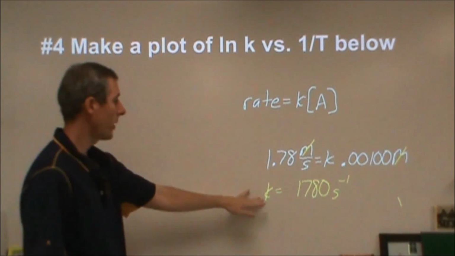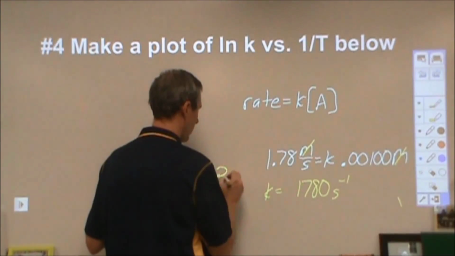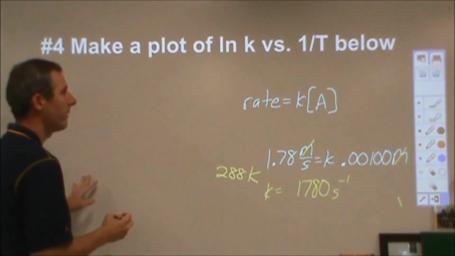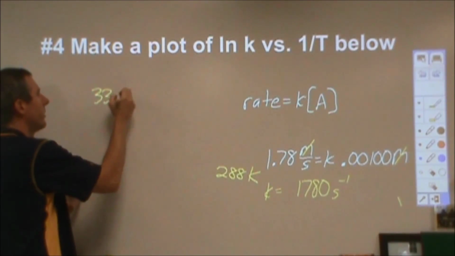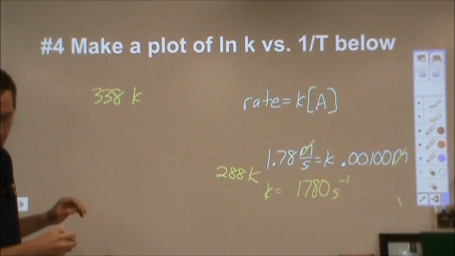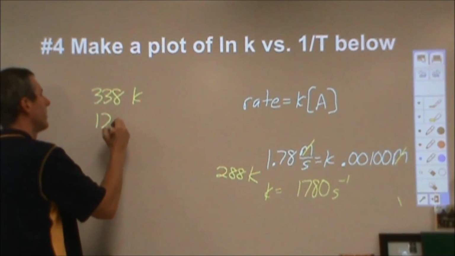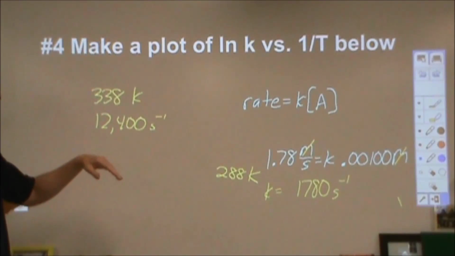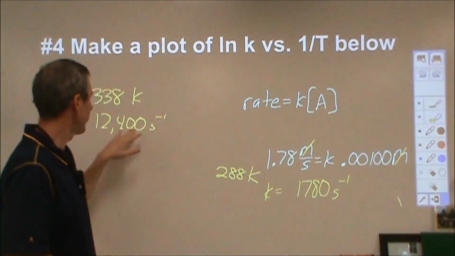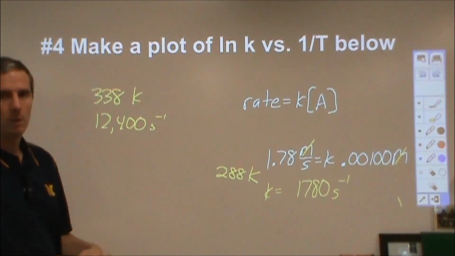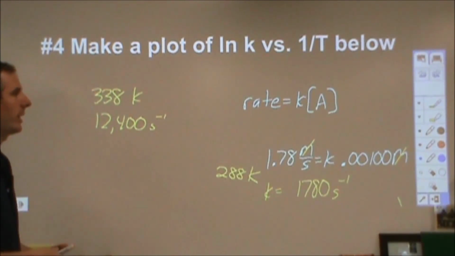We have this rate constant at 288 Kelvin, and the other rate constant at 338 Kelvin, which was 12,400. So they want us to plot the natural log of those rate constants versus 1 over temperature in Kelvin to figure out the activation energy.